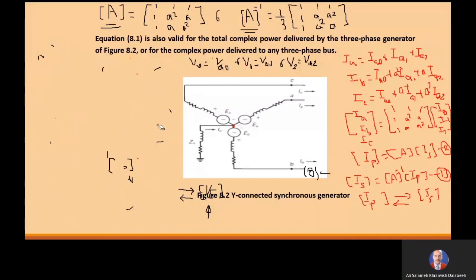From equation number 13, we see that I naught is equal to 1 divided by 3 of IA plus IB plus IC.